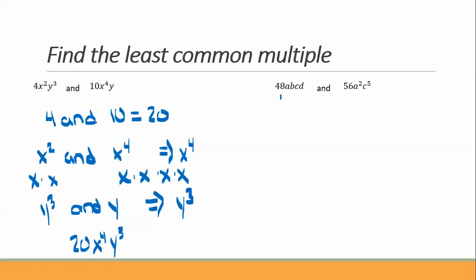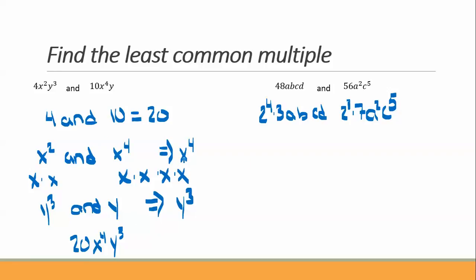We have 48abcd, and 56a squared c to the fifth. So we want to find our least common multiple. Remember, 48 was 2 to the fourth times 3. We have abcd. 56 was 2 to the third times 7, and then we have a squared c to the fifth.